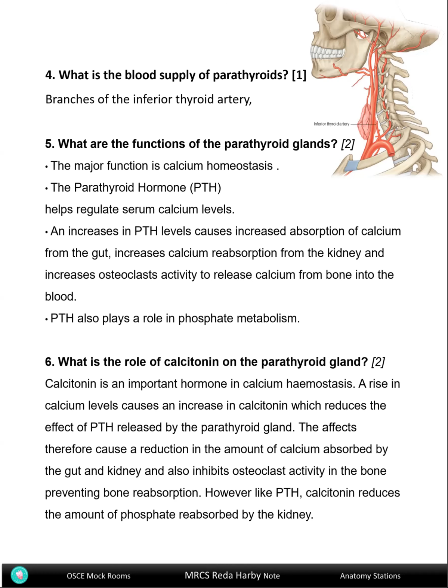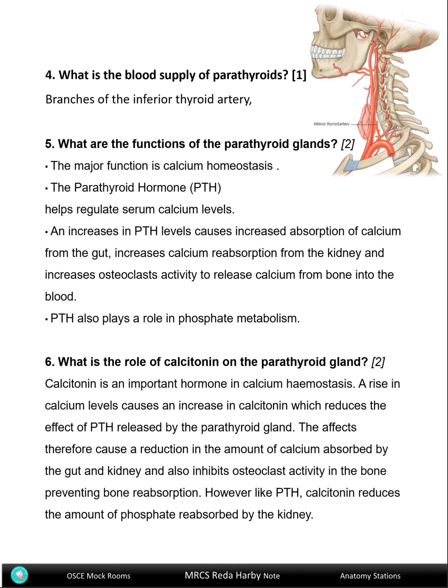So very nice one. Me, as parathormone from the parathyroid gland, I will increase the calcium by gut absorption, kidney reabsorption, and increased osteoclastic activity. And I will decrease the phosphate.